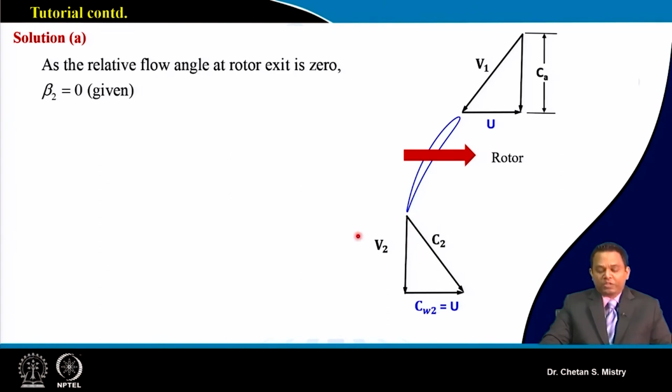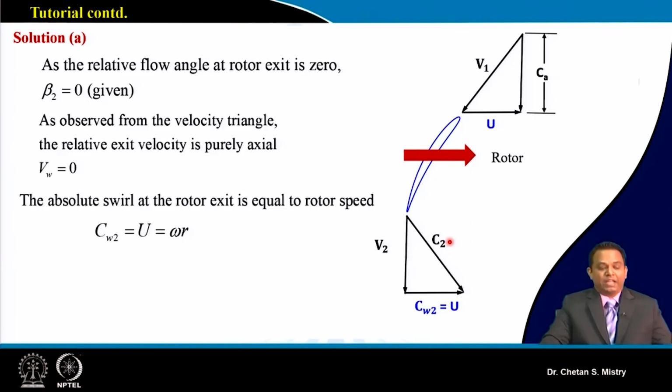So this is my V2, this will be my CW2, which is equal to the peripheral speed u, and this is my absolute velocity. Since my beta 2 is given as 0, I can say my CW2 is equal to my peripheral speed.